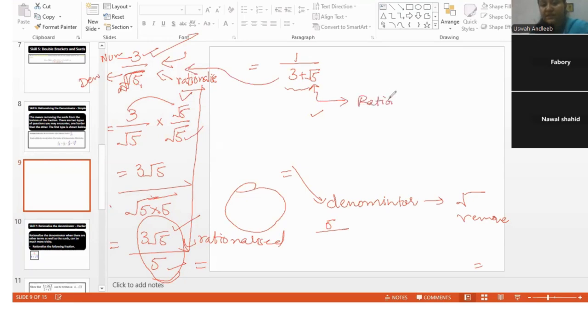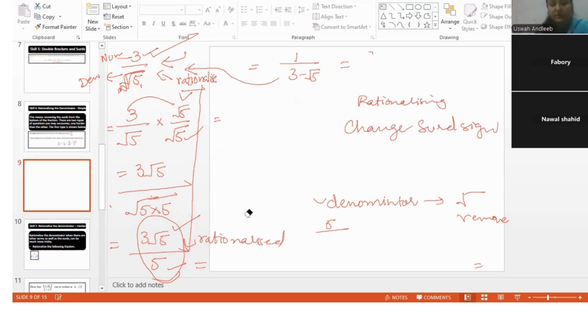Rationalize, rationalizing. Change the sign. What is the 3 over here? Under root 5. So what you do is, I write it like this. Let me erase it, but it's very dirty. One second. Meanwhile, I'm erasing it.